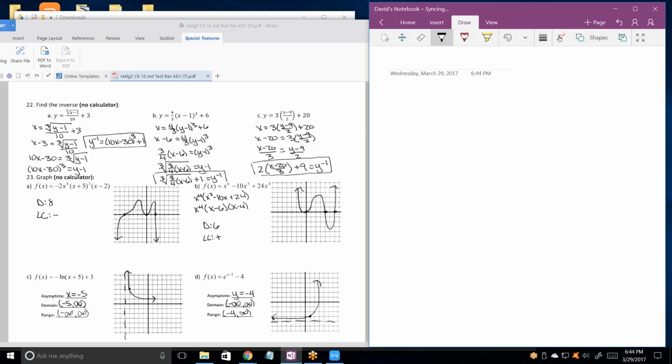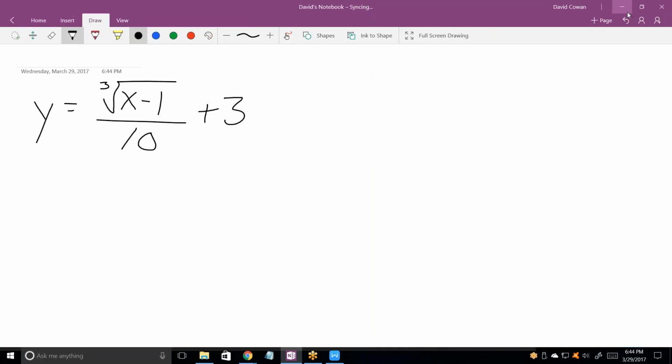Let me write it first, and then we'll solve it. Cube root of x minus 1 over 10, all plus 3. All right. Work me through finding the inverse of this. First step. You switch x and y.